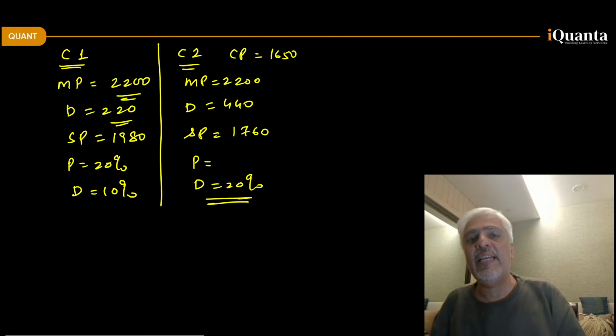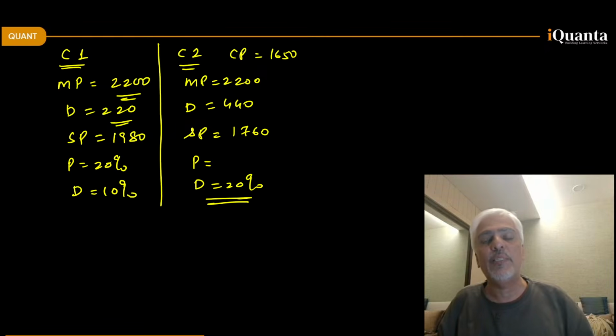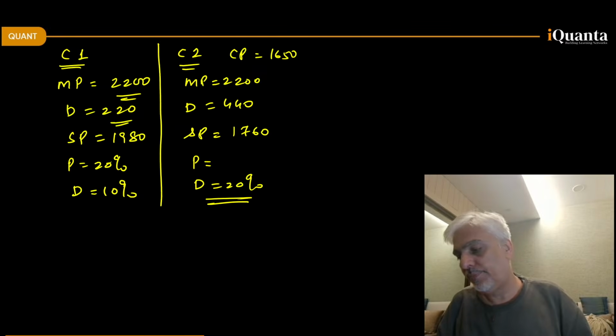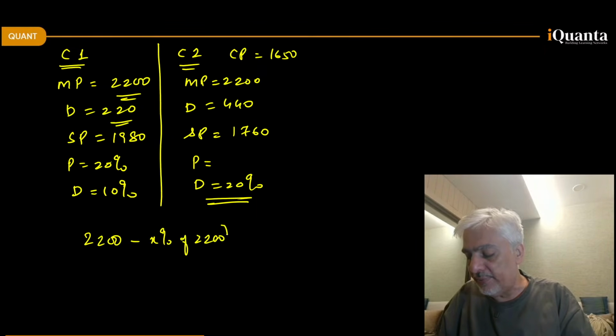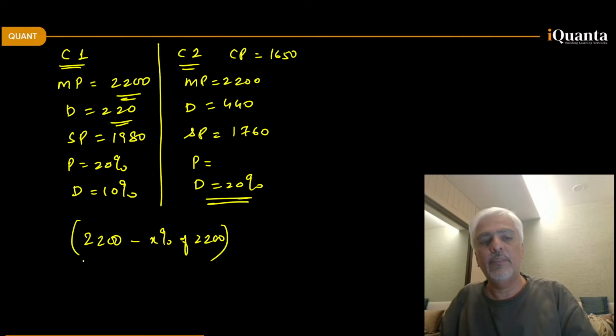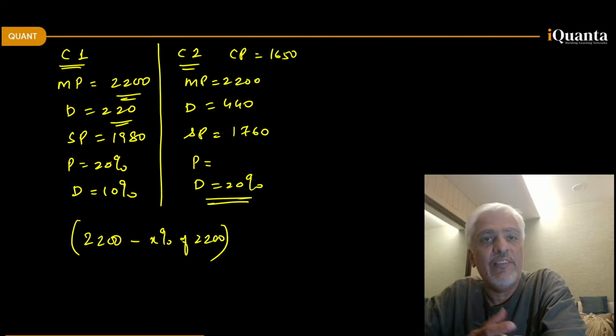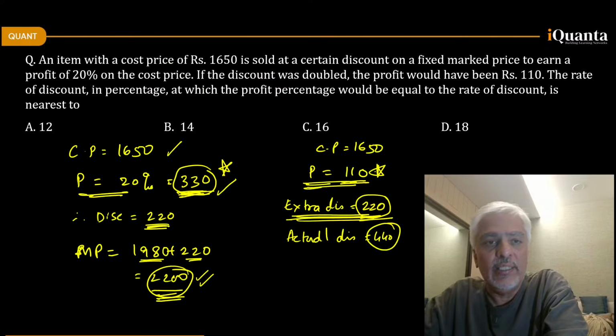Now I want a case where profit percentage and discount percentage have to be same. So pay attention. 2200 minus X% of 2200, because if I give discount, I will give on mark price. Selling price is not 2200.